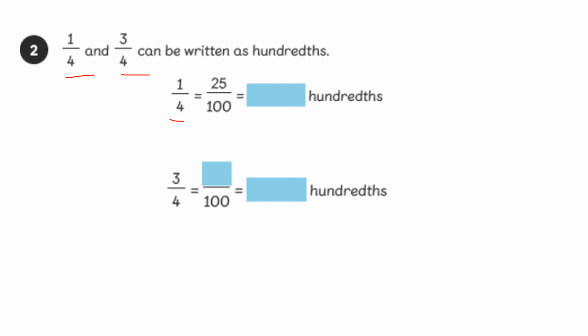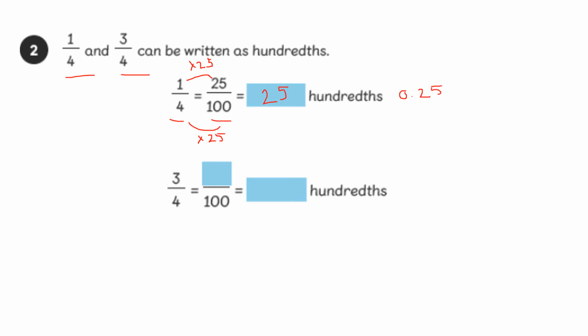We know that 1/4 is the same as 25 hundredths, and that means that the numerator has been multiplied by 25, and we know that the denominator has been multiplied by 25 as well. So we know that 1/4 is the same as 25 hundredths, and we would write that as a decimal of 0.25.